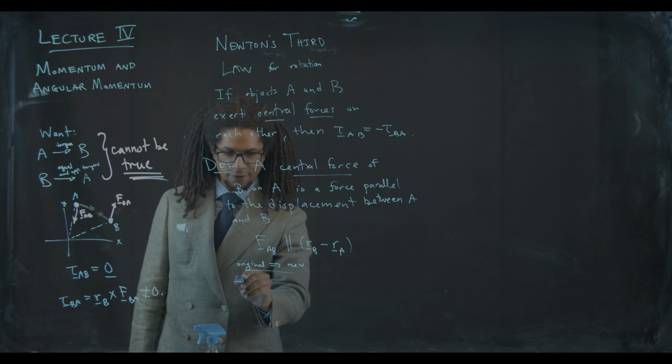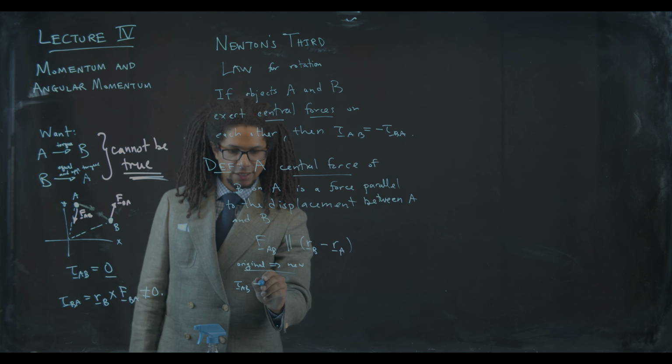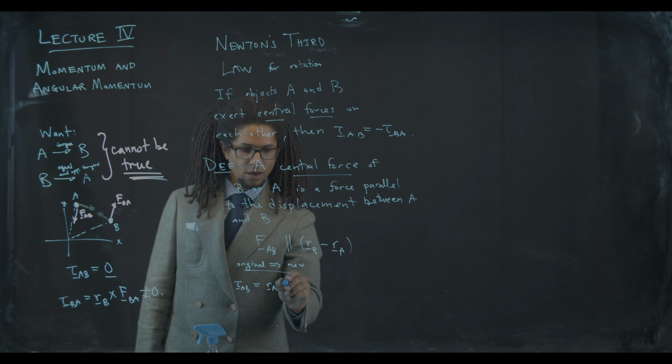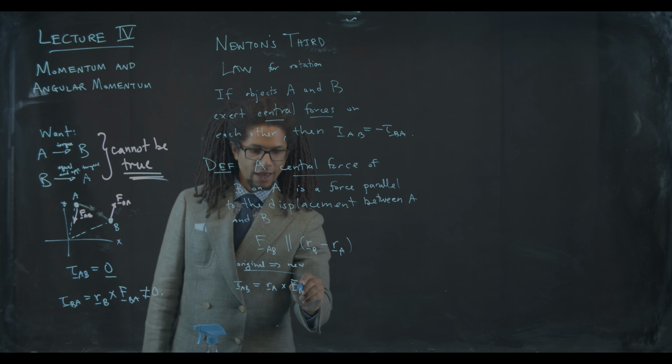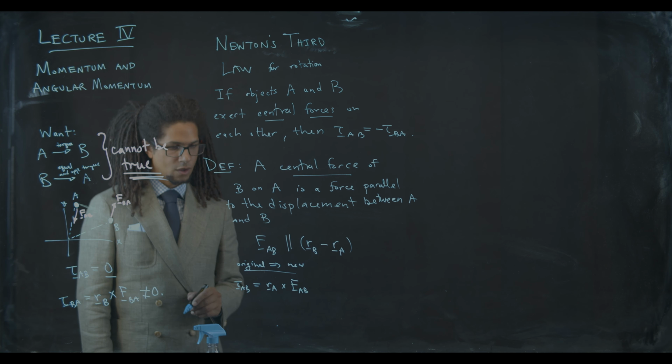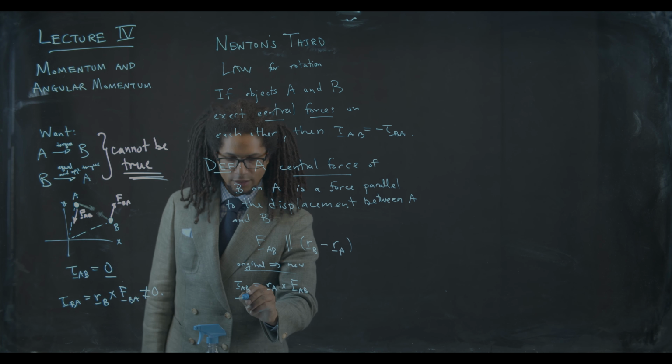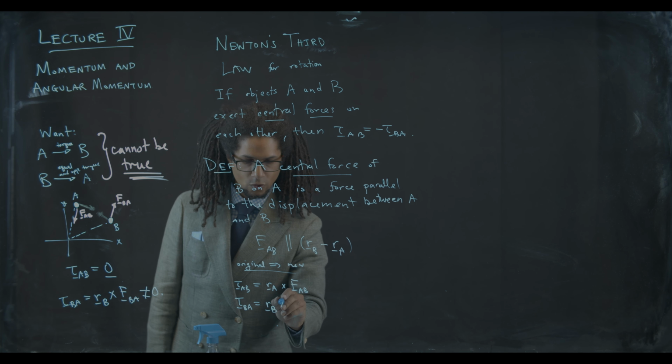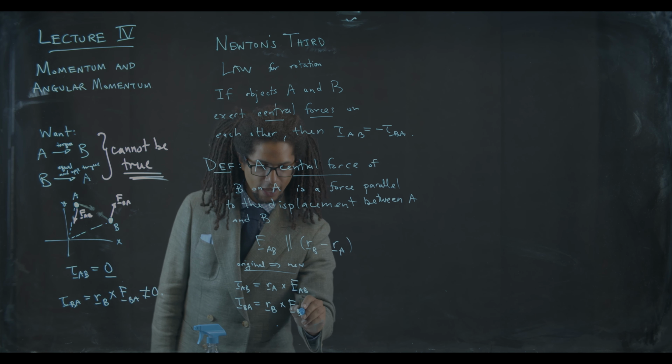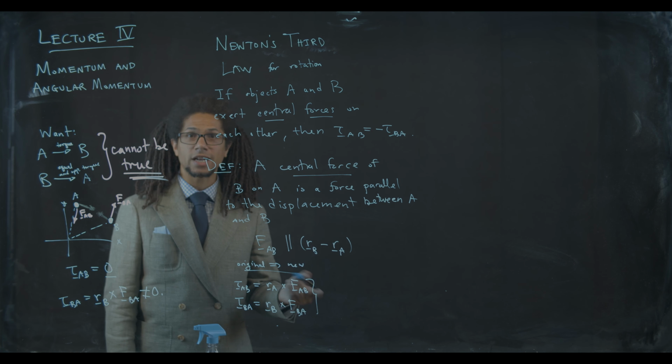So tau_AB is equal to r_A cross F_AB. Tau_BA is equal to r_B cross F_BA. Now let's just subtract these two from each other.